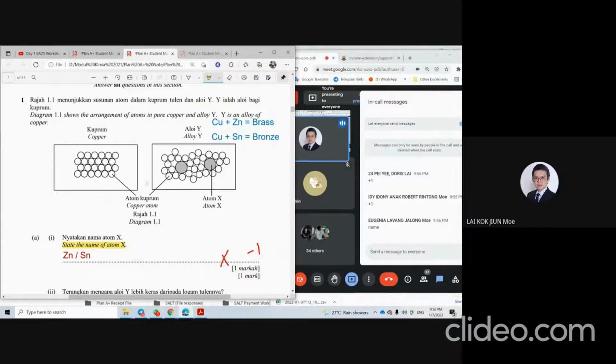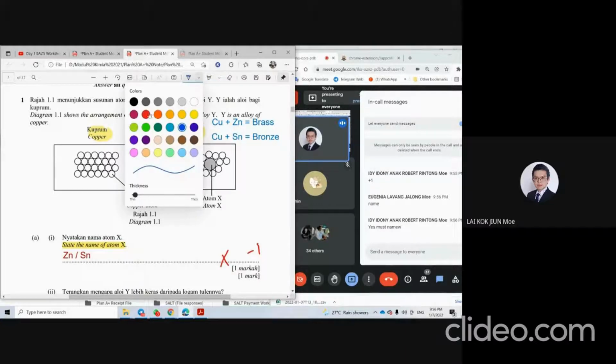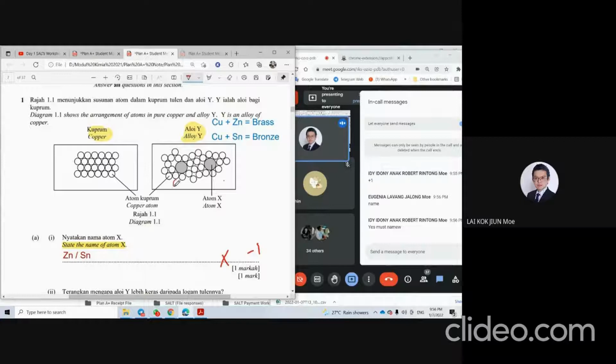So for the question, I know alloy Y actually is what? Alloy Y is what? Who can answer? This is copper. So alloy Y actually is the copper plus what? So inside we got copper here. Copper mixed with what? Copper, this one is what?